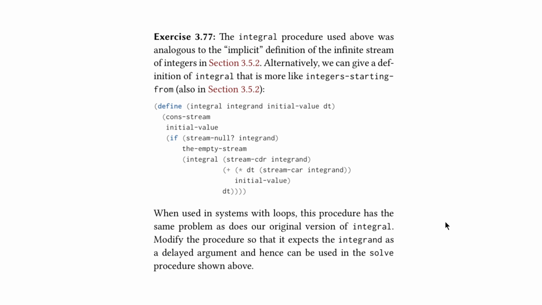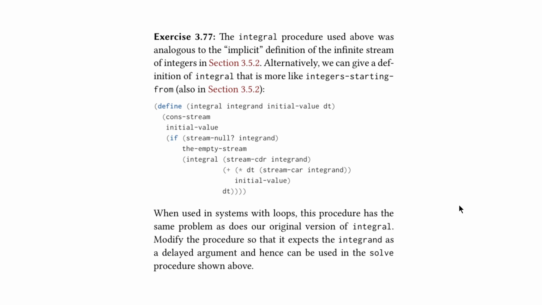So this question is basically asking us to modify a procedure such that one of the parameters uses the delay keyword, similar to how the cons stream procedure uses the delay keyword to delay the cdr of the pair such that we can define a stream.